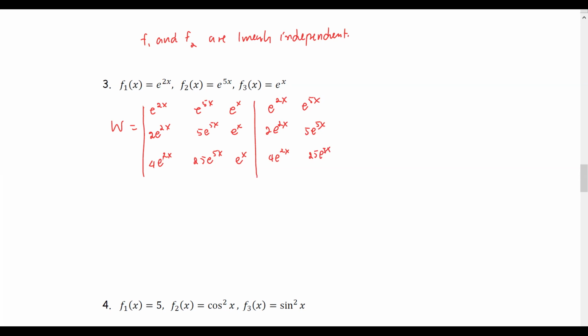This way is called the augmented method, adding two more columns from the first two columns, and then we multiply crossway down.